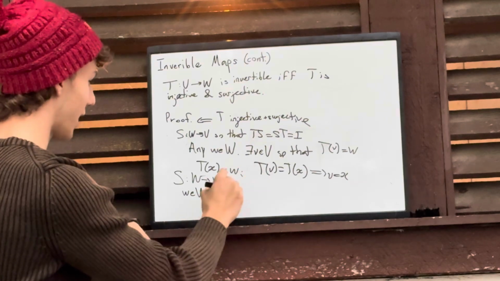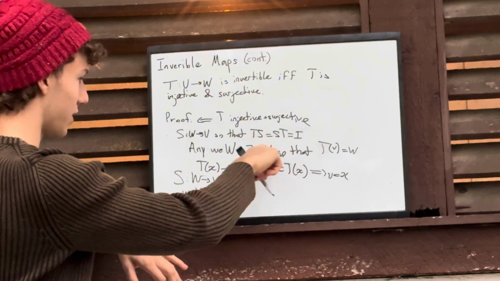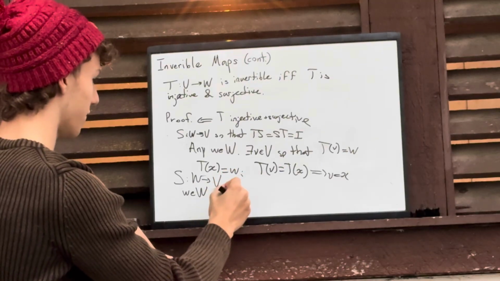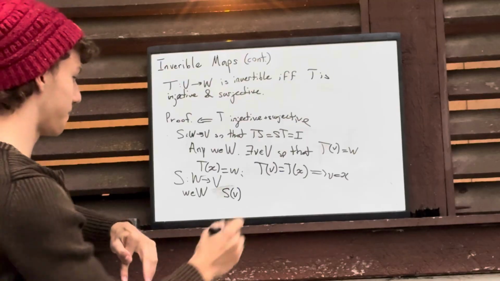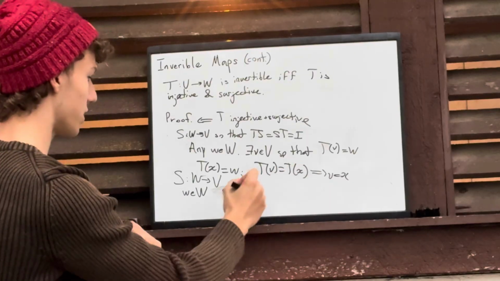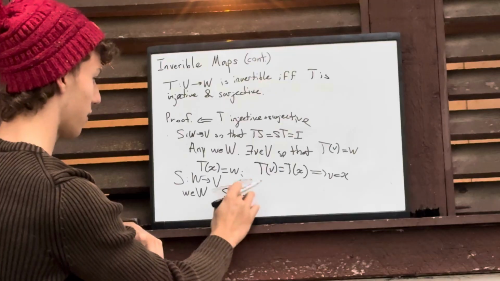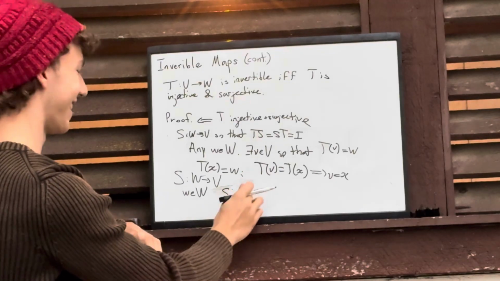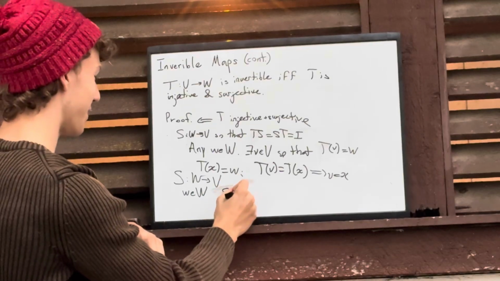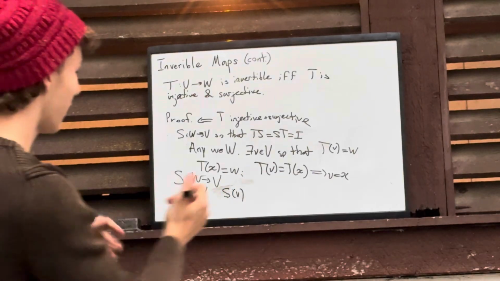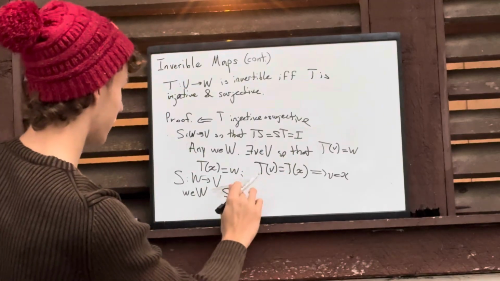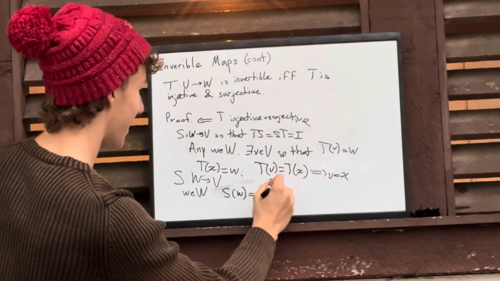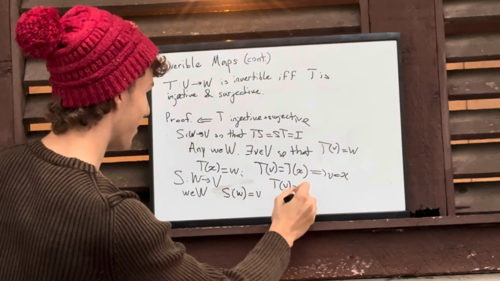So S of W is equal to V, where V is such that T of V equals W.